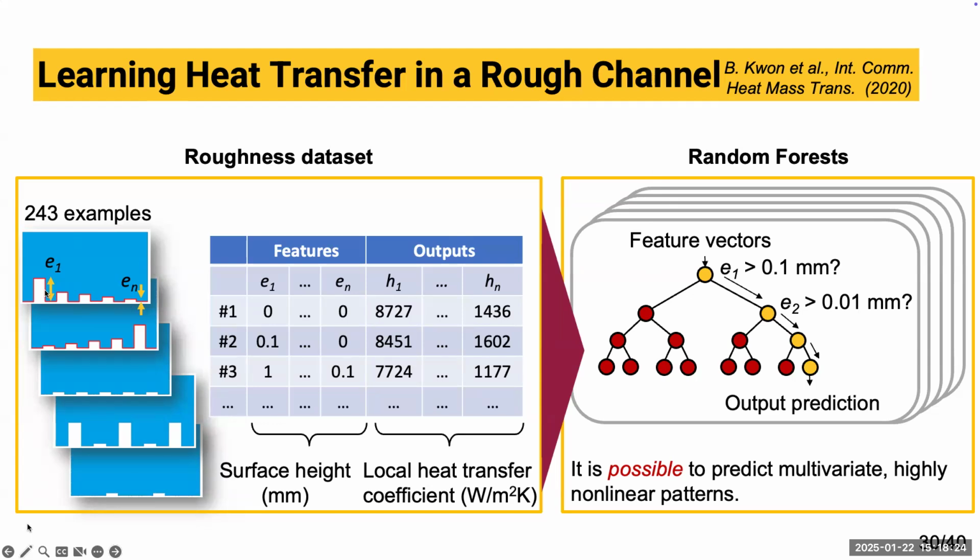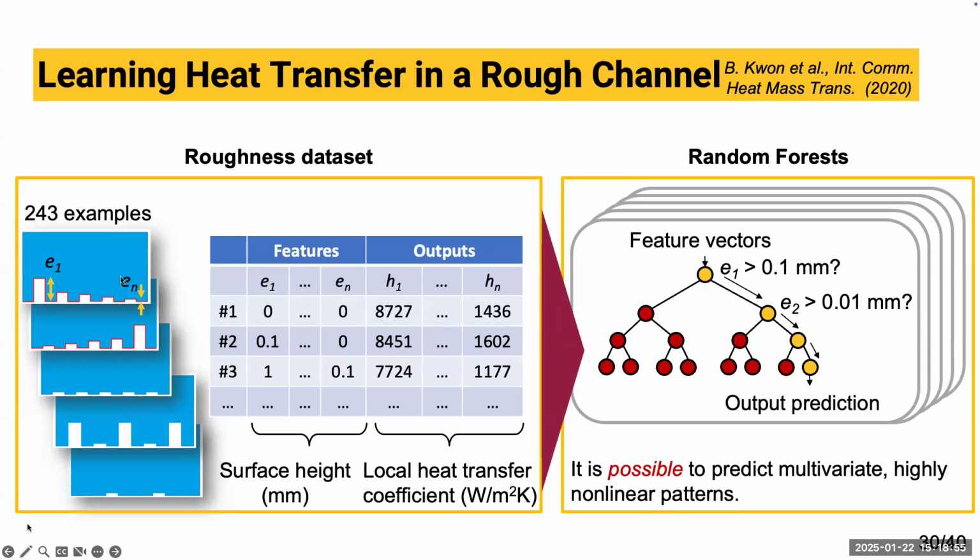For example, if your rough channel includes 5 bumps, something like this, you can define the height as E1 to E5, or if your channel has N bumps, you can measure those heights as E1 to En, right? So you can describe the channel surface geometry using this vector.